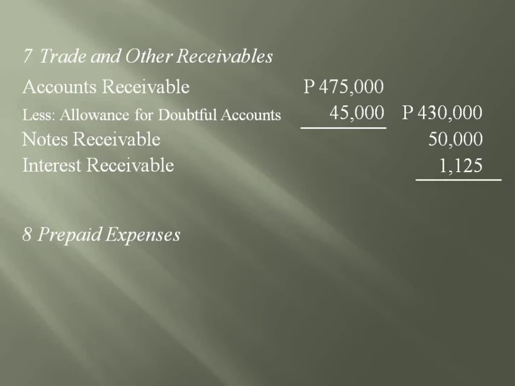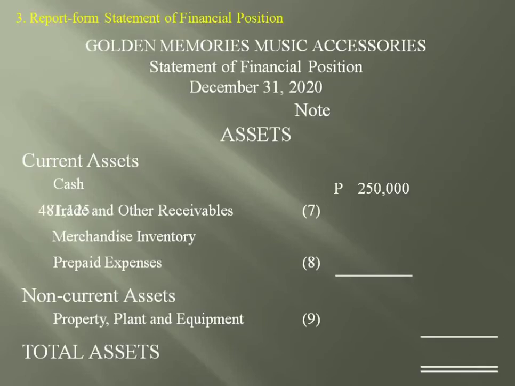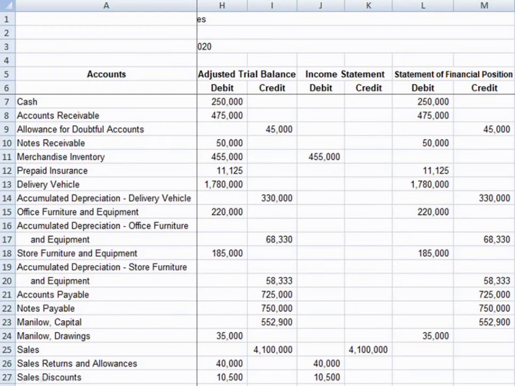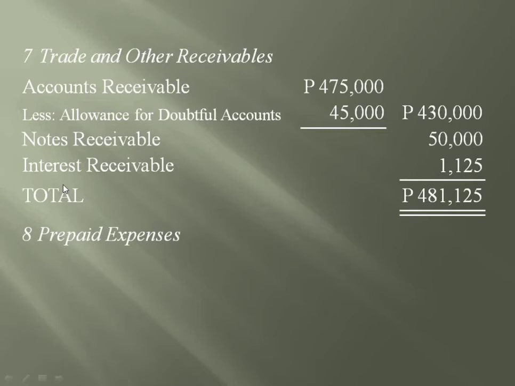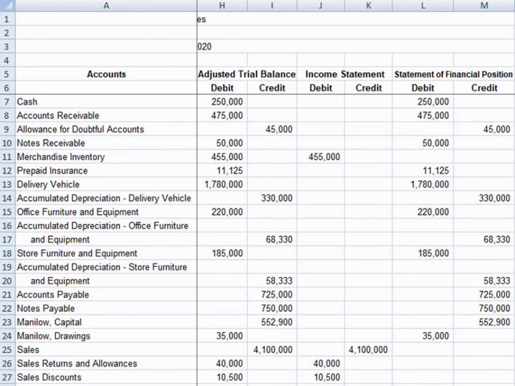Total now. This 481,125 must then be forwarded to the statement of financial position. Next, prepaid insurance. To note number 8. Any other prepaid expense?